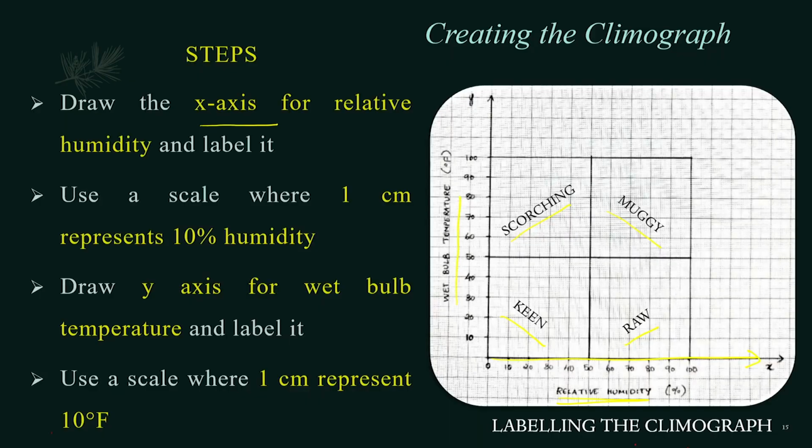You need to keep in mind the scale of the graph. As I mentioned here, 1 centimeter represents 10% of humidity, and 1 centimeter represents 10 degrees Fahrenheit for the wet bulb temperature. Before plotting the points, we need to create the framework for the graph.